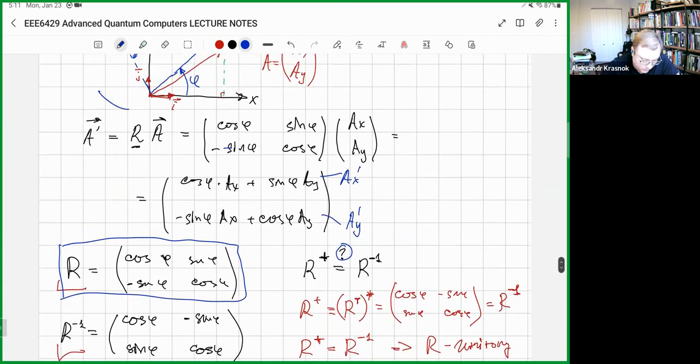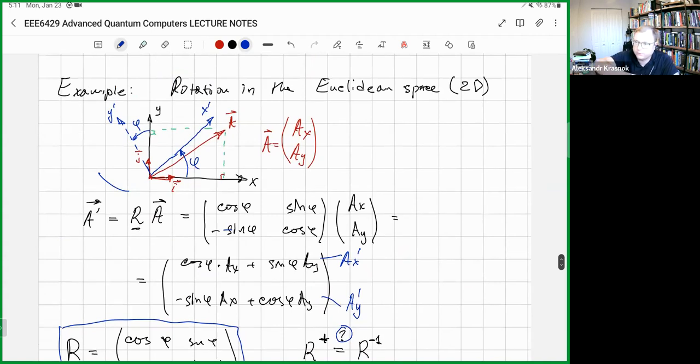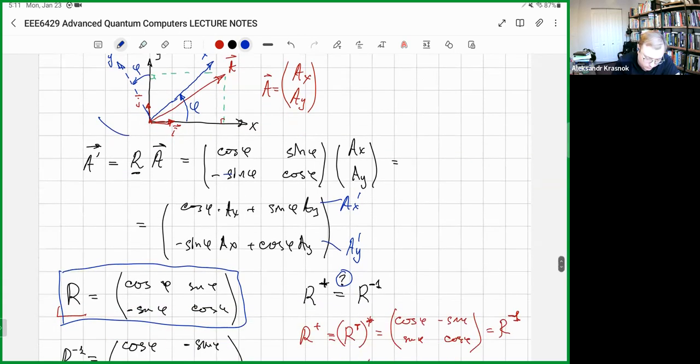There is an infinite number of different bases that differ only by the angle of rotation, because this phi can be any number, and all these bases are completely equivalent. You can use any of those.